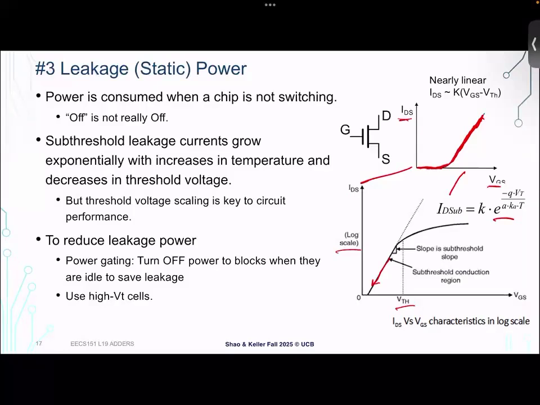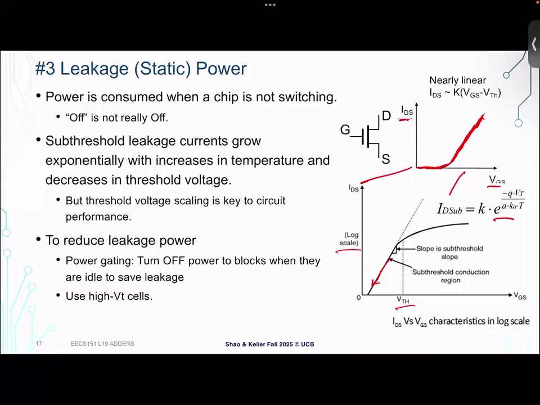So even when our input voltage to a transistor, an NMOS transistor, is 0, if there's a voltage difference between source and drain, there's still going to be some very small amount of electrons flowing from source to drain. And that's our leakage current. So we can't do that much about leakage.